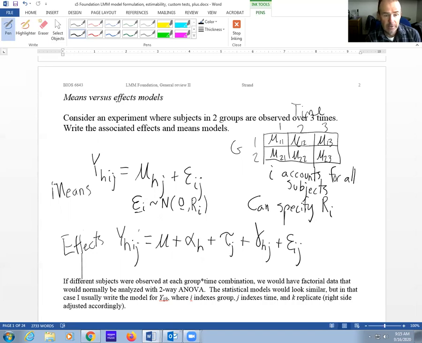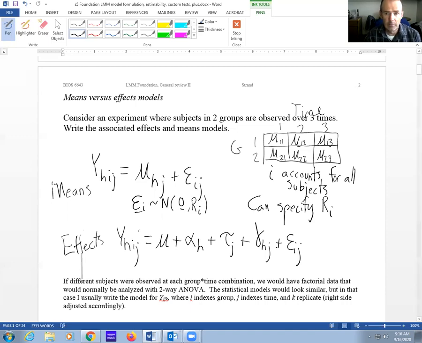But in this model, the way we've written it, there's 2 for group and there's 3 for time. But you've jumped ahead of me, and you know that there's a constraint that we have 2 degrees of freedom. So you're right, we can only estimate 2 of them.